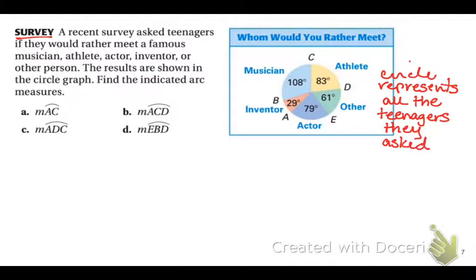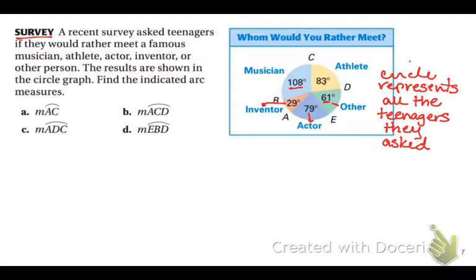What the circle graph is telling us is that of all the teenagers they asked, 108% of them would rather meet a musician, 83% would like to meet an athlete, 61% would like to meet others, 79% actor, and 29% inventor.